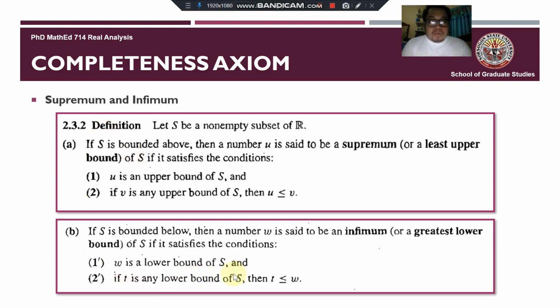So that is how supremum and infimum are defined.